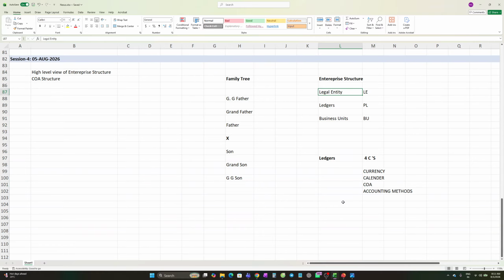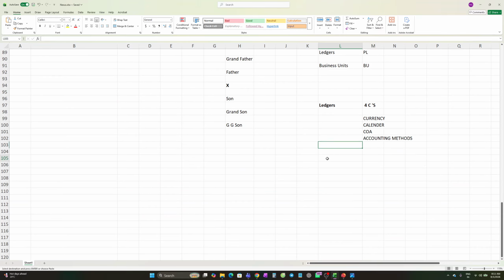What is the legal entity? Here I will explain. The legal entity is an entity registered under the law. The law is completely different from country to country.